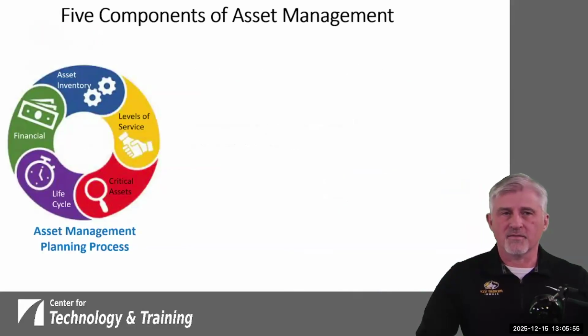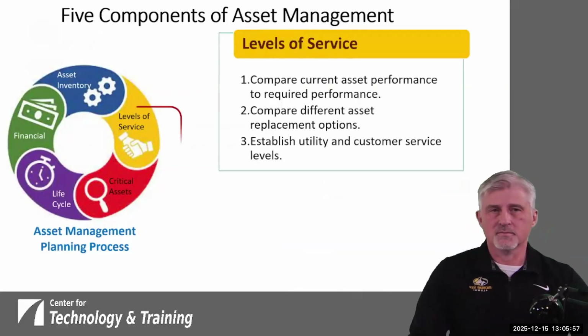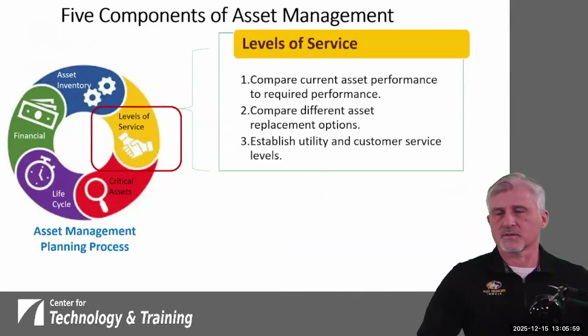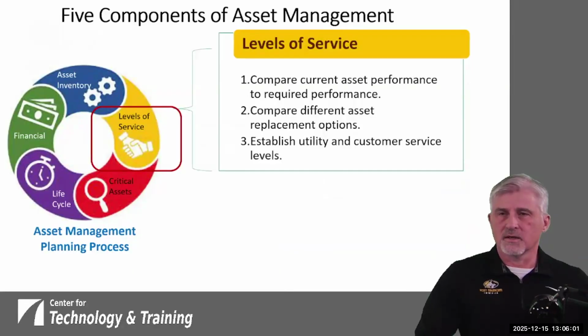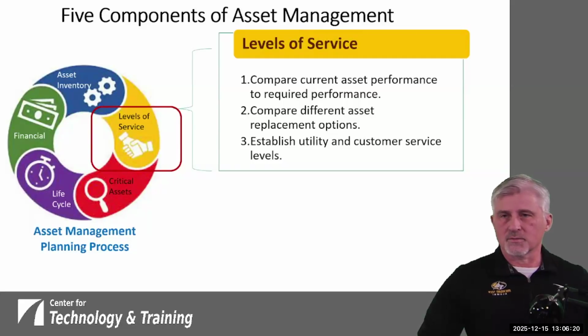So the fourth of the 5 components of asset management is levels of service. Levels of service, to me, is one of the harder ones to come up with. We're going to compare our current asset performance to required performance. That could be an internal service, a customer service, or a regulatory service level.